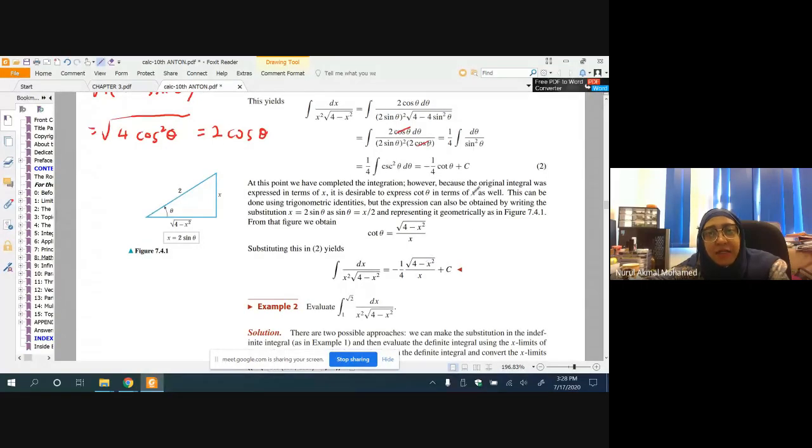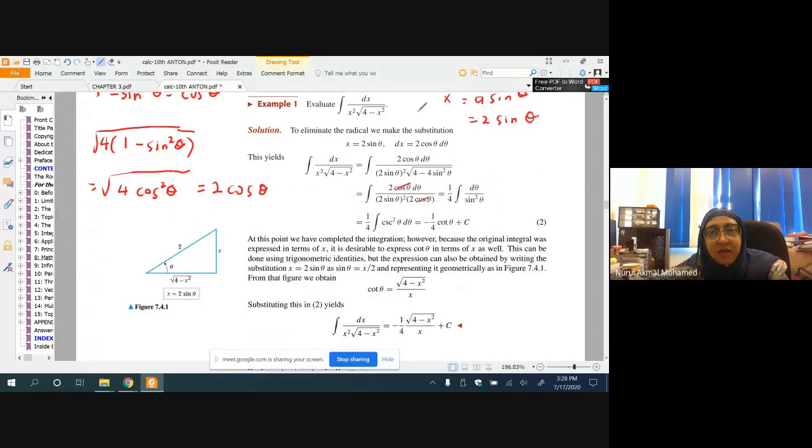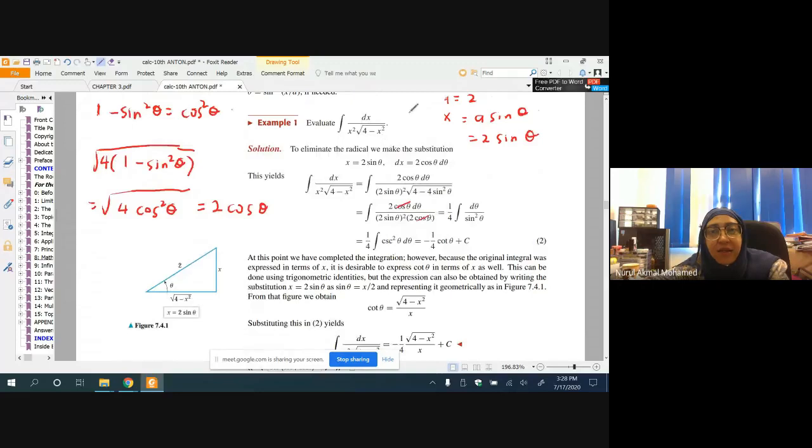Now this is in terms of theta. The original integration is in terms of x, but our solution is in terms of theta. So you have to change theta so that we get it in terms of x.